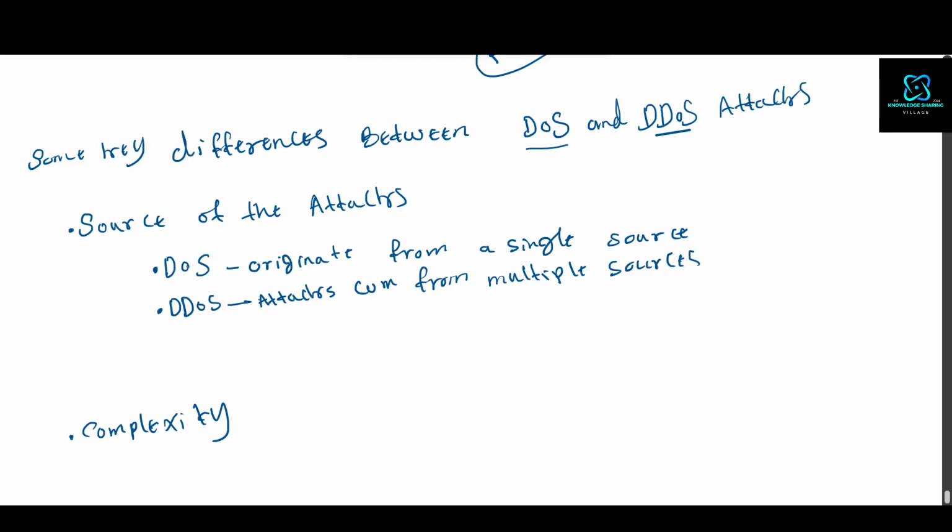Okay, in denial of service attack, the attack originates from a single source, but in the distributed denial of service, the attacks come or originate from multiple sources or from botnets.